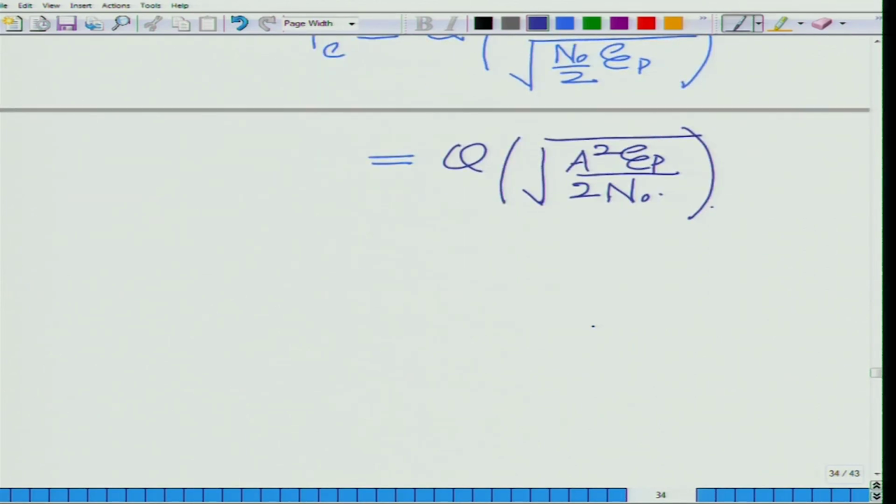Now, substitute EP equal to 1, that is, the pulse is normalized to unit energy. Remember, we have calculated in amplitude shift keying that for average bit energy EB, A square must be equal to 2 EB.